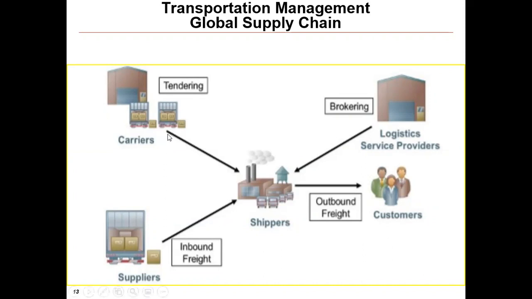Now, this carrier has a document called the tender document. So it is called the process of tendering, to provide the physical movement of the goods from source location to destination location. This tendering involves two orders.